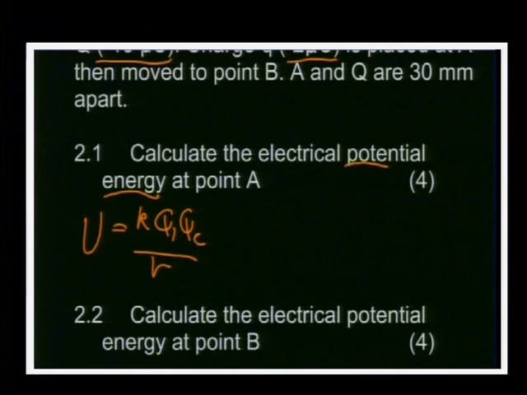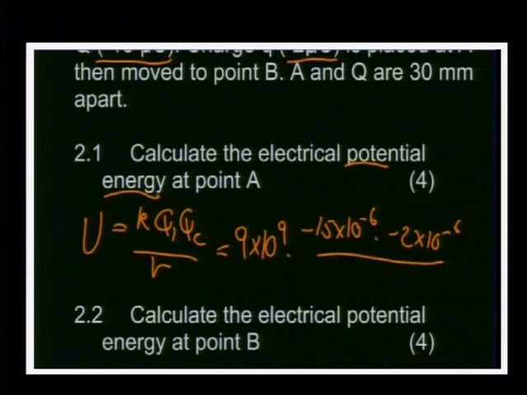As time is short, we'll just quickly do it over here. 9 times 10 to the 9. We're going to then multiply that by Q1, which was minus 15 times 10 to the minus 6, and multiply it by the small one, which was minus 2 times 10 to the minus 6.